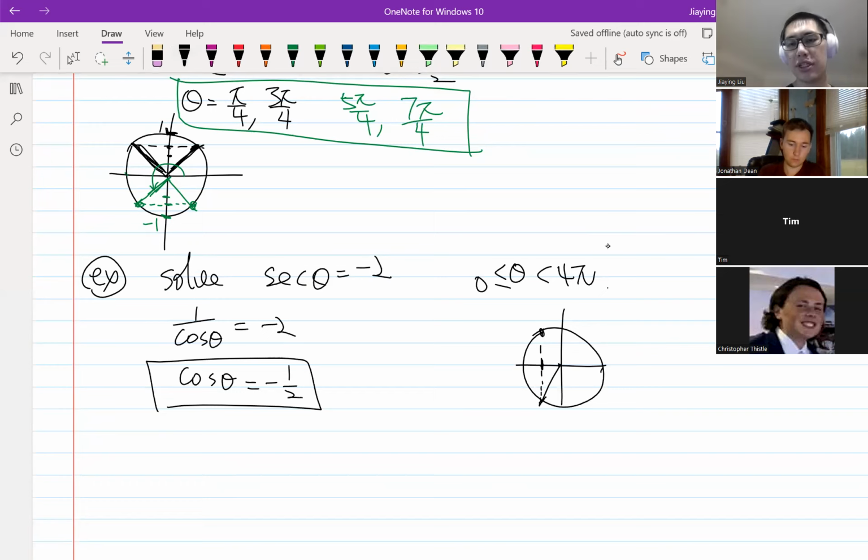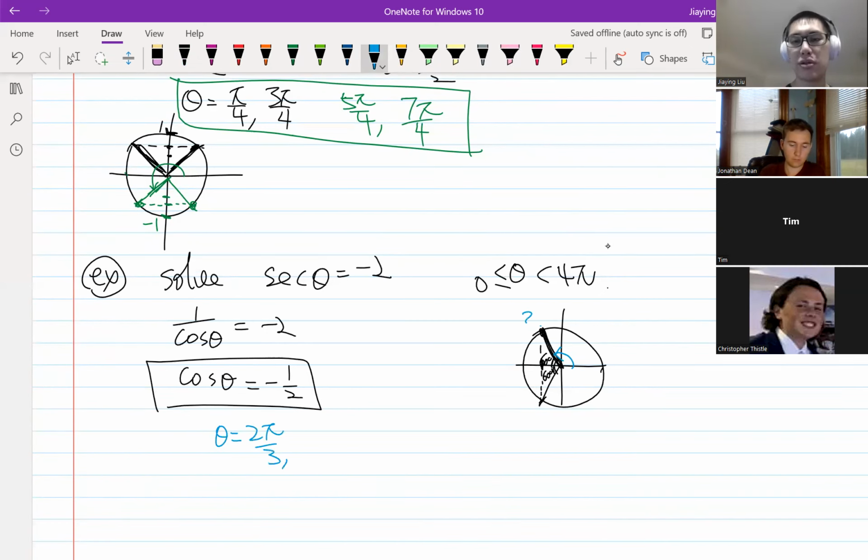And then the angle in the second quadrant looks like it is 120 degrees because its reference angle is about 60 degrees. Same thing here, 60 degrees. So the angle in the second quadrant is going to be 120 degrees, so that's 2 pi over 3. So we get theta equals 2 pi over 3.